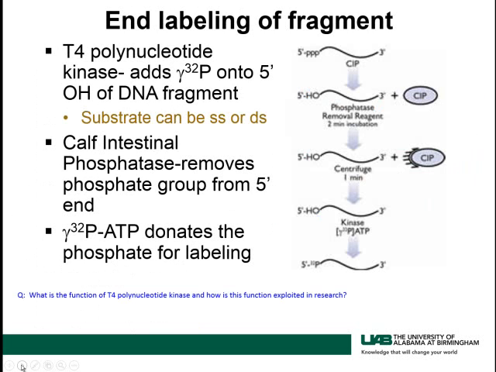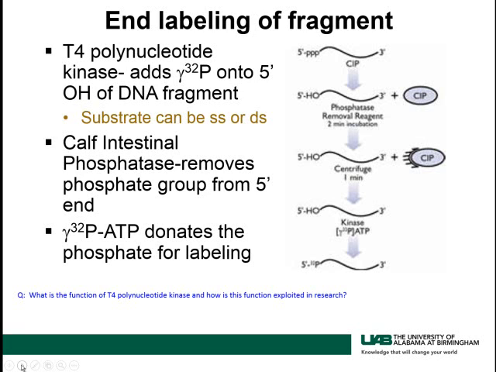The labeling of the probe is usually done with an enzyme called T4 polynucleotide kinase, and it is the enzyme that adds the gamma P32 onto the 5' OH of the DNA fragment. Substrate can also be single-stranded, so it's either single-stranded or double-stranded.